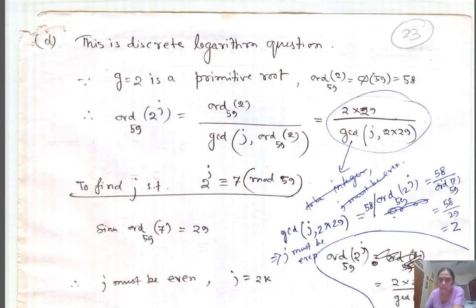That means 58 divided by the order of 7 modulo 59, since 2 to the power j is 7. Already I have found the order of 7 modulo 59 in the first part of this question. So 58 by 29, the value is 2.